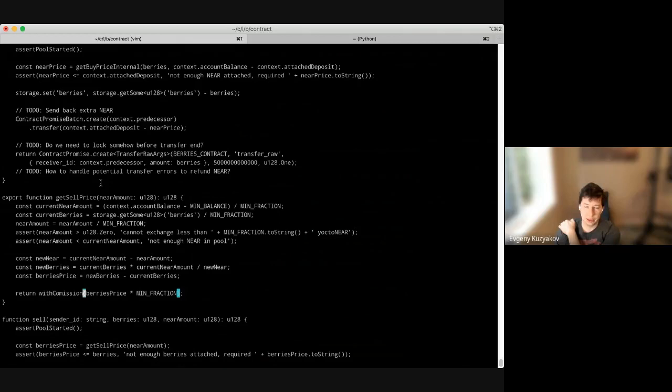And it's saying to get all the NEAR, you only need to pay like a few berries, which is like a few bananas.